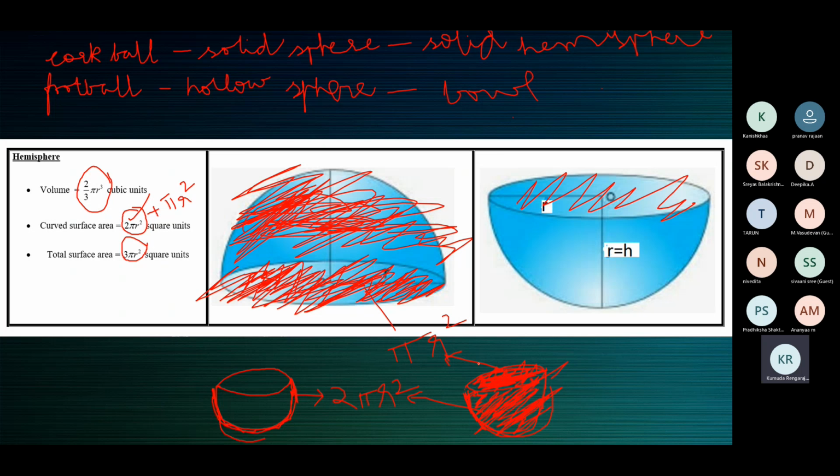A steel bowl is an example of a hollow hemisphere. A hollow hemisphere will be open at the top, the circular portion will be open. But when we say solid hemisphere, the circular portion is covered, is closed.